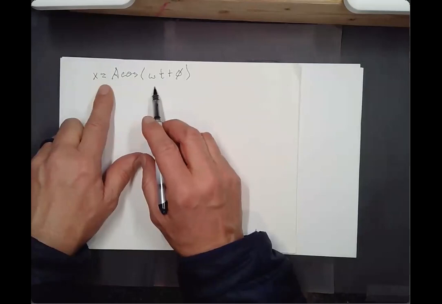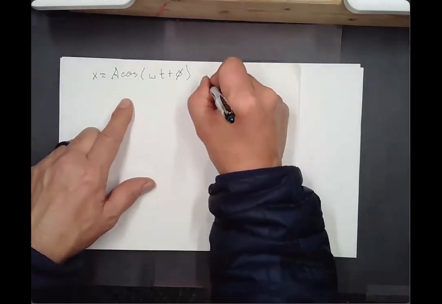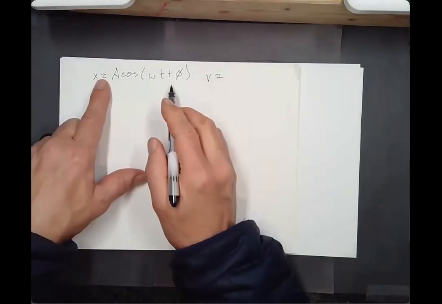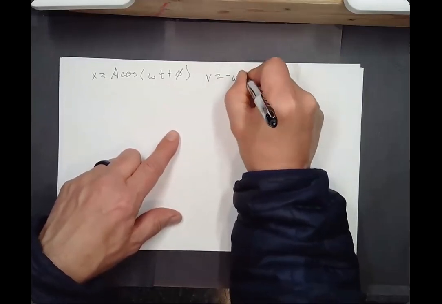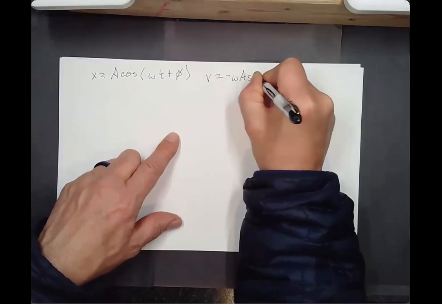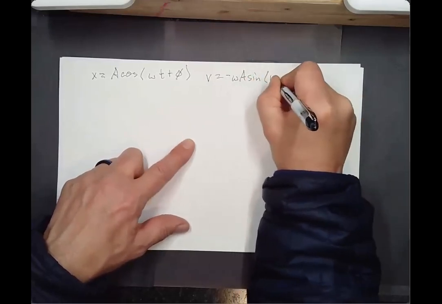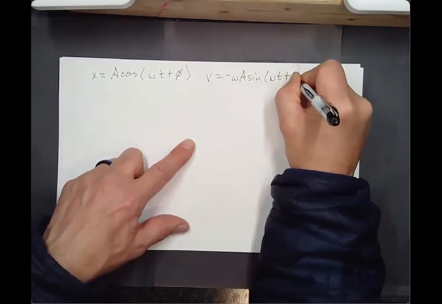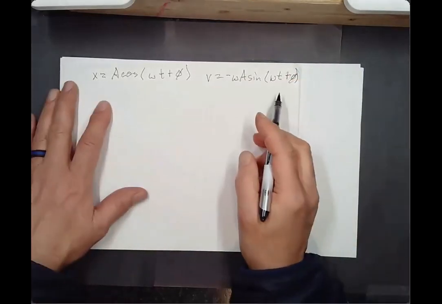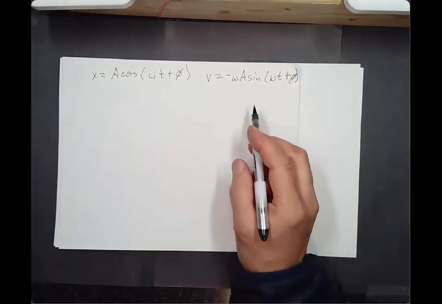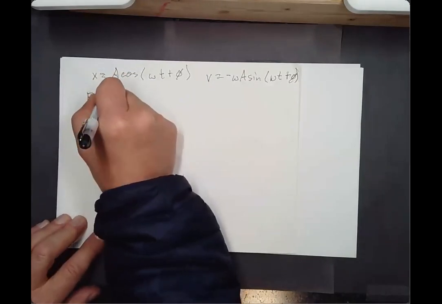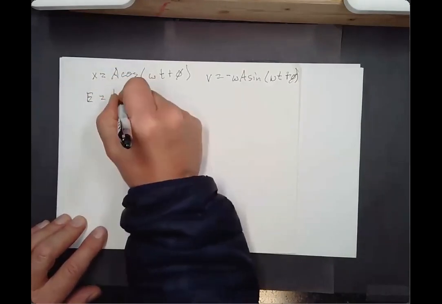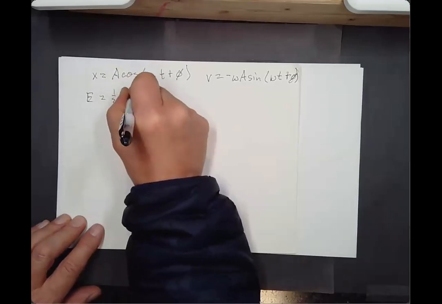Let's see. We also had an expression for v, which we get by taking the derivative of this, and it ends up being minus omega a sine of omega t plus phi. Okay, so we have that. Now, let's take the energy equation that we have, E equals 1/2 kx squared.